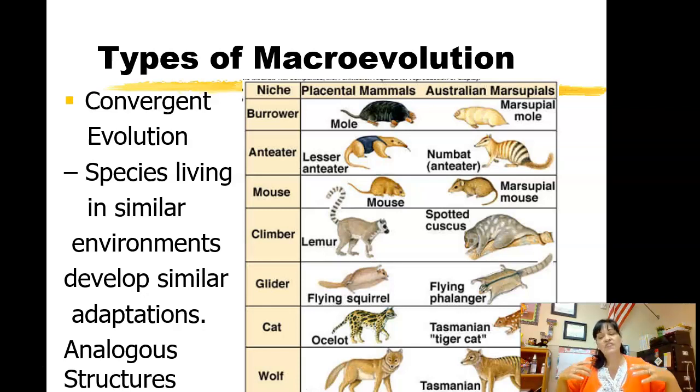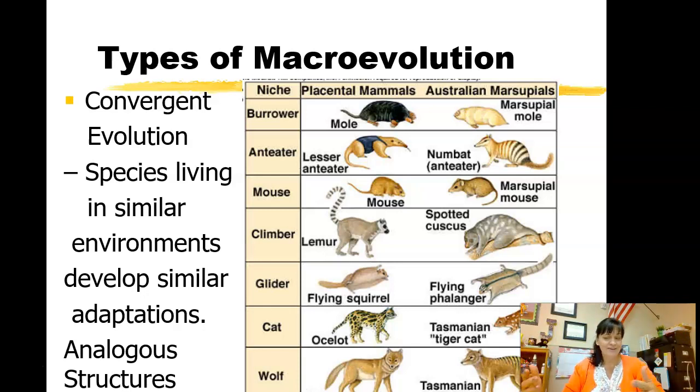And so the traits for them to be able to jump and move around were good traits of this kind of winged area between the arms and the legs, kind of a webbing, right? And so that is going to help them to survive and reproduce. Well, those good traits, not only did that help for the squirrel side, but the phalanger side also. And now they look similar because they have the same similar adaptation, but they came from different common ancestors to get there, okay?